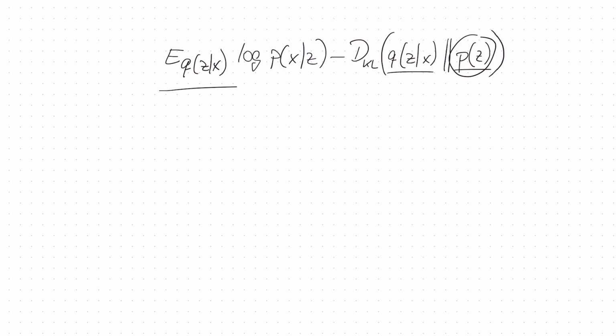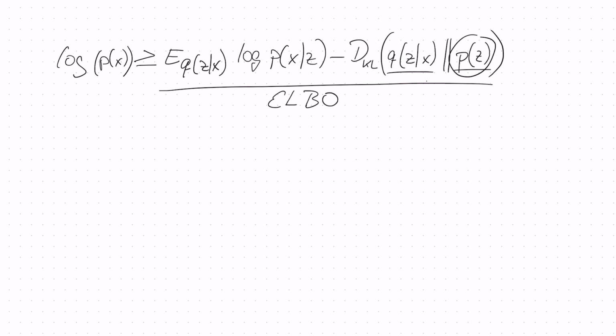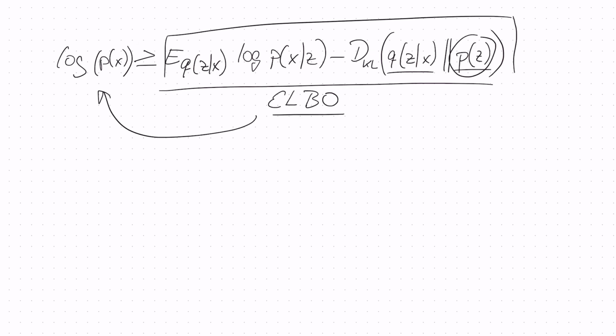And by the way, this whole thing right here, that is called the ELBO, which stands for evidence lower bound. And the goal, well, this part is smaller or equal to the log of this. And our goal is to maximize this part, because if we maximize the ELBO, then we're maximizing this log probability.